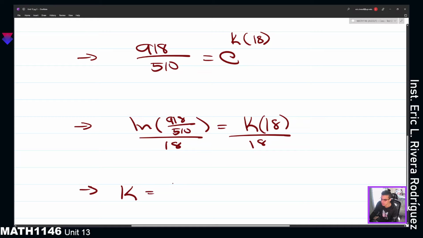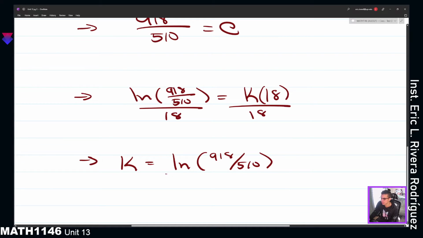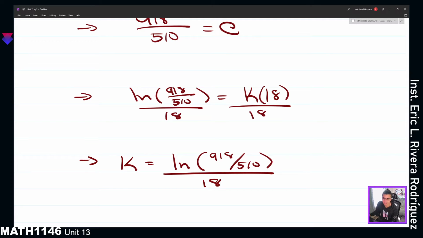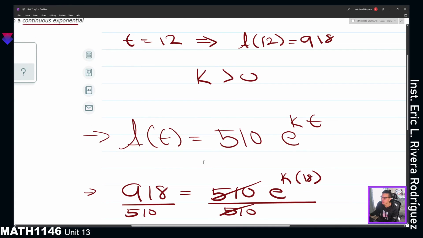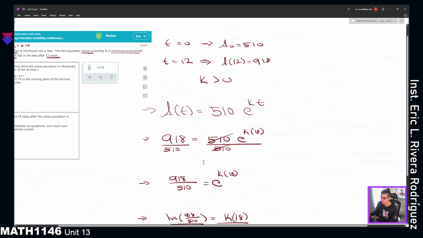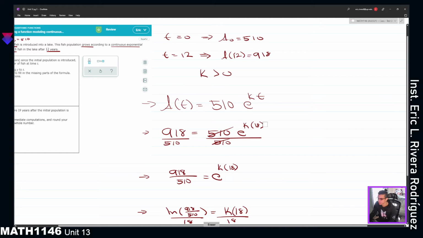Now k is equal to the natural log of 918 divided by 510, all that divided by 18. Sorry, my bad. It is 12. I made a mistake.